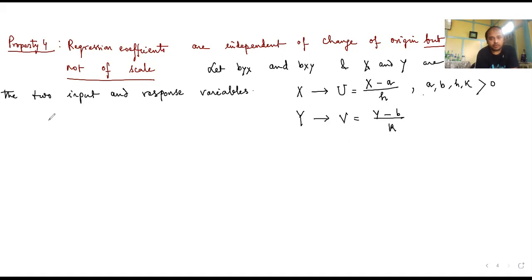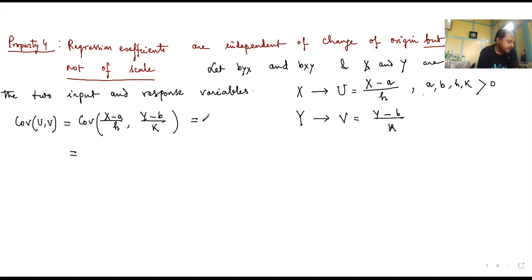If I do so, we see that the covariance between u and v is actually the covariance between the terms x minus a by h and y minus b by k. In one of the earlier calculations, I told you that this can easily be shown to be equal to 1 by hk times the covariance of x and y.